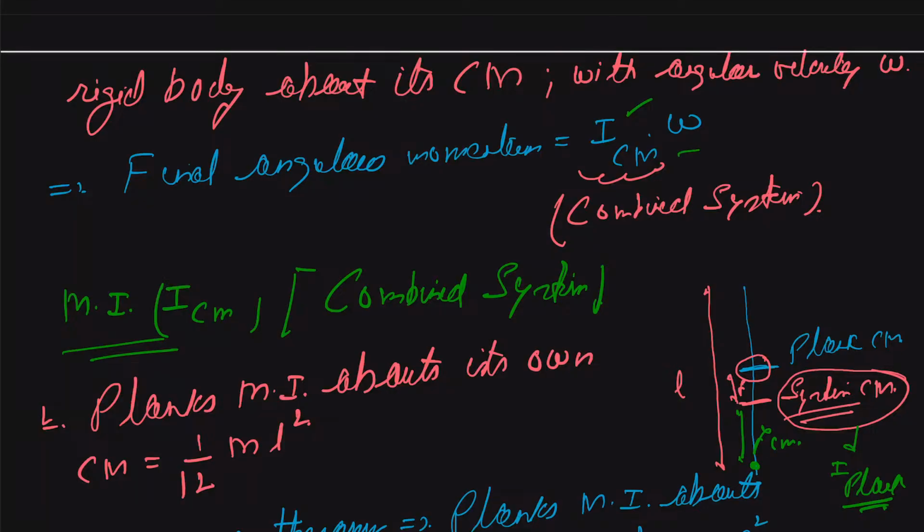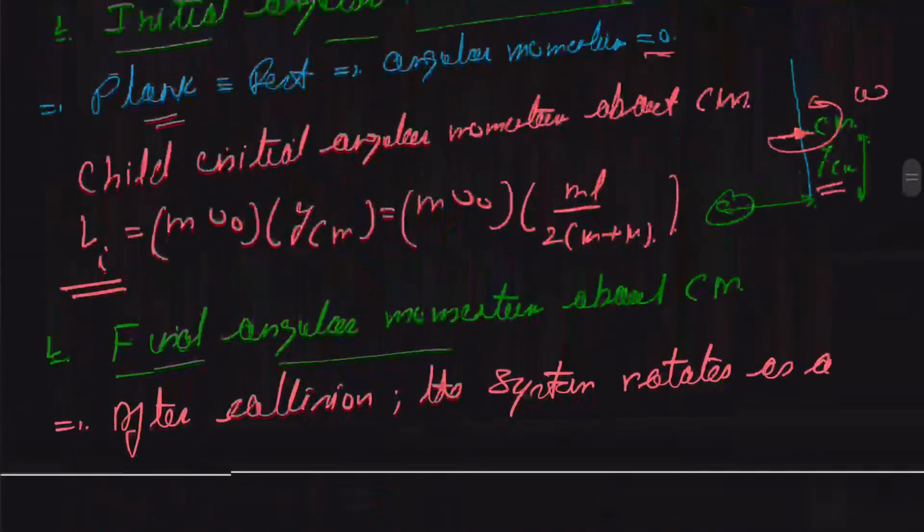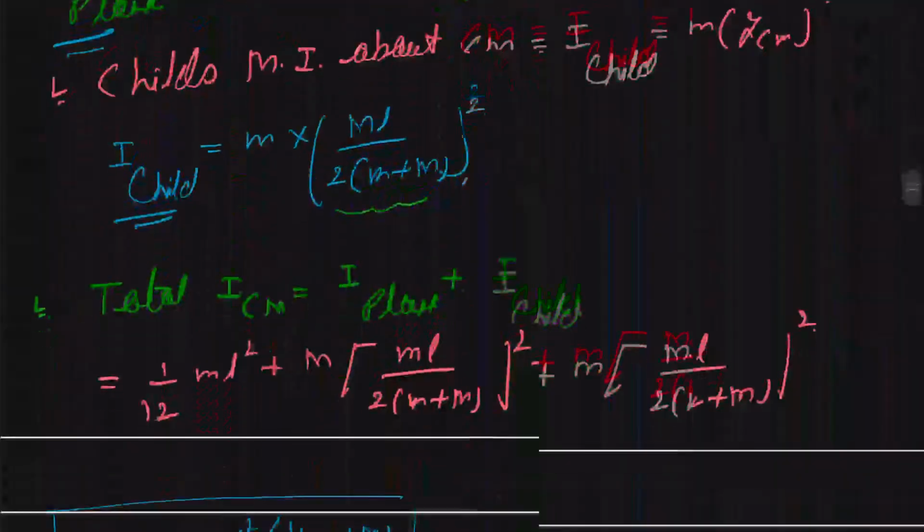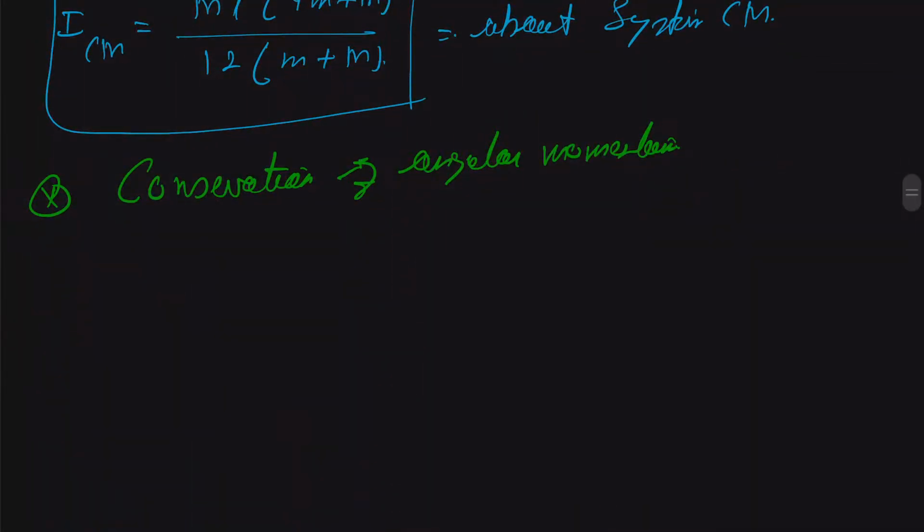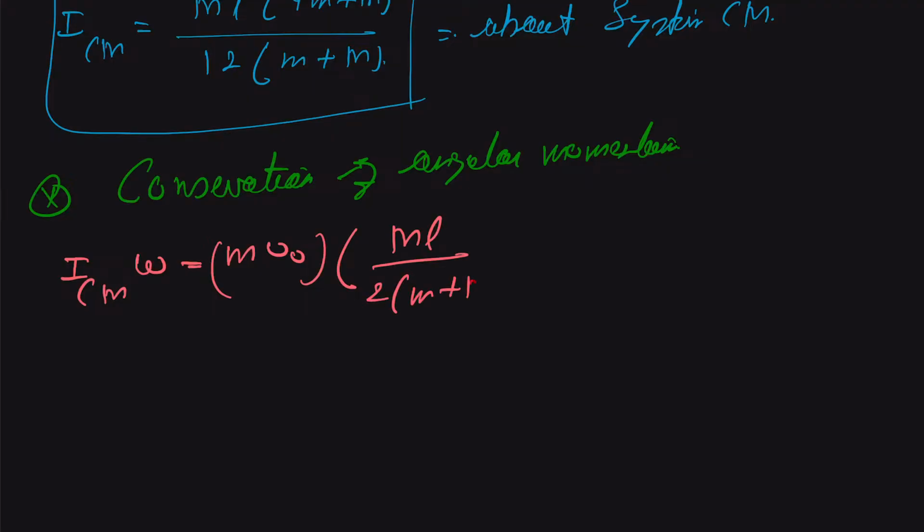So ICM times omega is equal to our initial. Therefore we can write that ICM times omega is equal to m times v naught times ML upon 2m plus capital M.